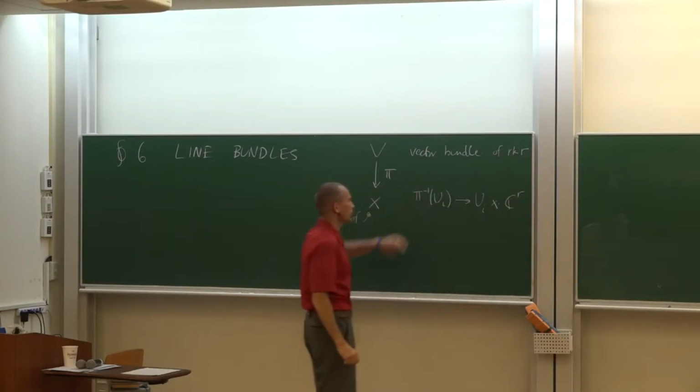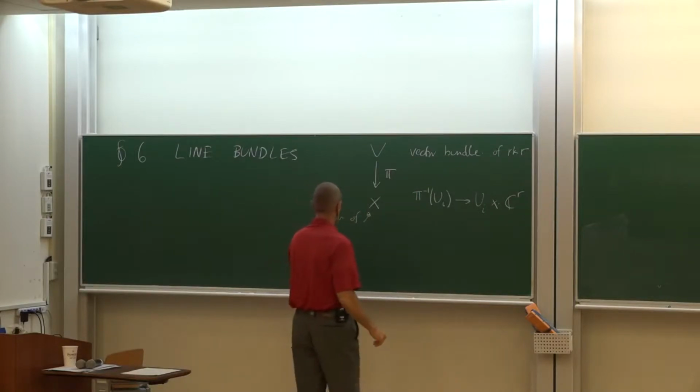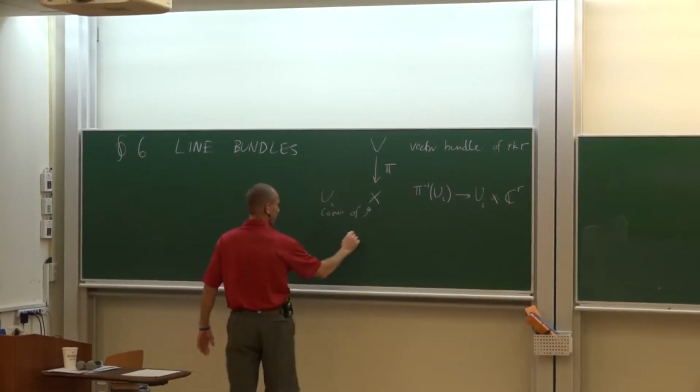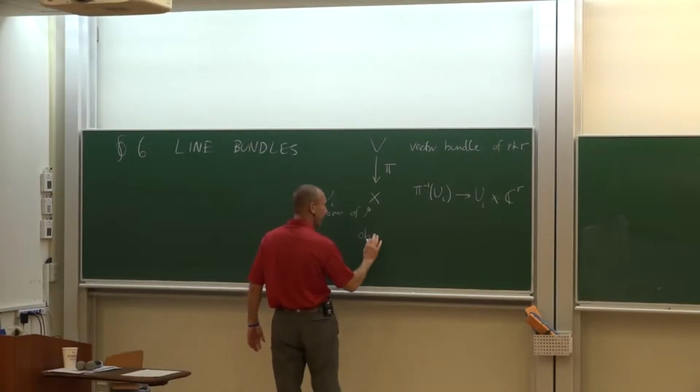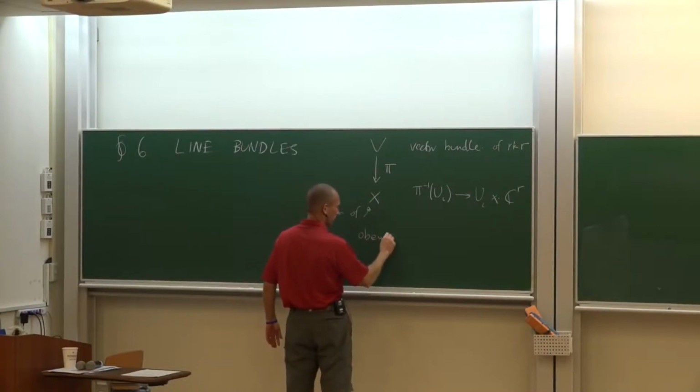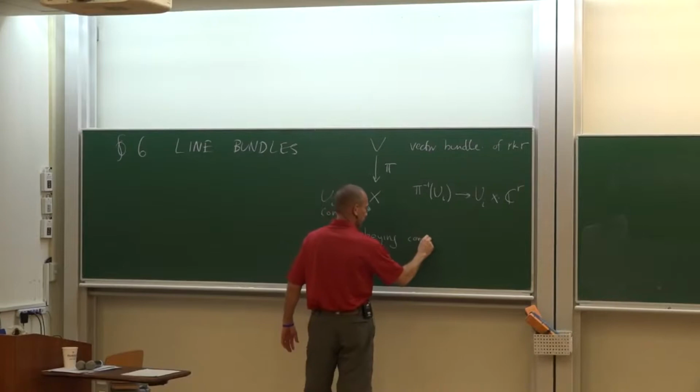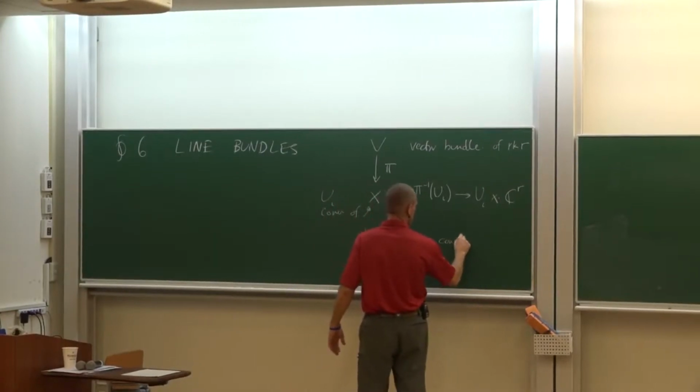So these are called local charts. And then it has to obey some compatibility conditions.